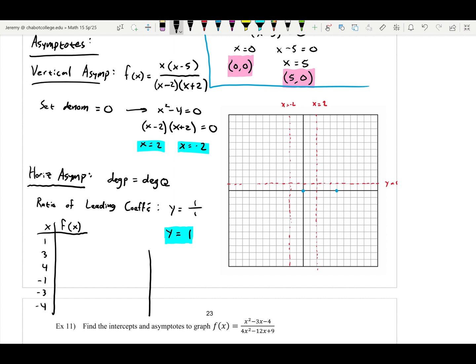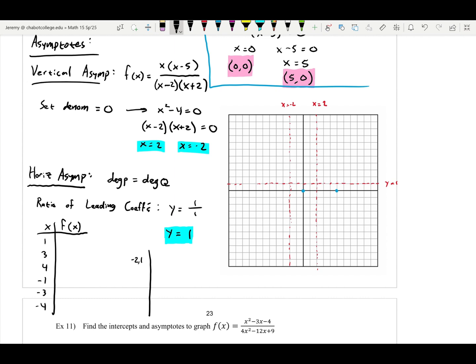There are a few more values I would like to plug in. I want to know what's happening close to the vertical asymptote. Focusing on this vertical asymptote at x equals -2, I want to know: is it going up to positive infinity at x equals -2, or is it going down to negative infinity? The way I can figure that out is plugging in an x value which is really close to -2 but on the left, like -2.1.